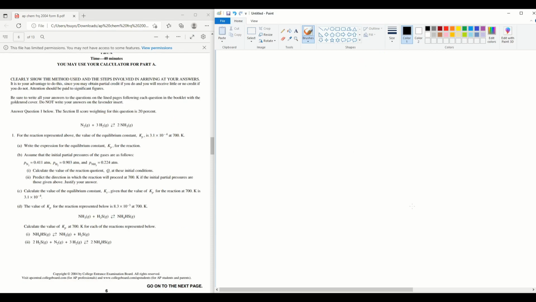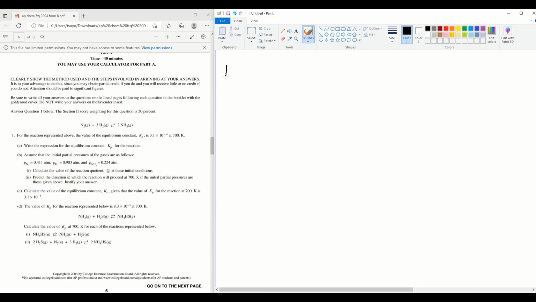Okay, so for part D, we need to find the value of Kp. The value of Kp, for the reaction represented below, is 8.3 times 10 to the negative third at 700 Kelvin. So we're given a new equation, and we need to calculate these new values of Kp at 700 Kelvin for each of these reactions represented below.